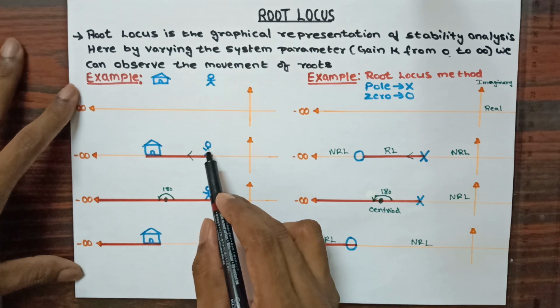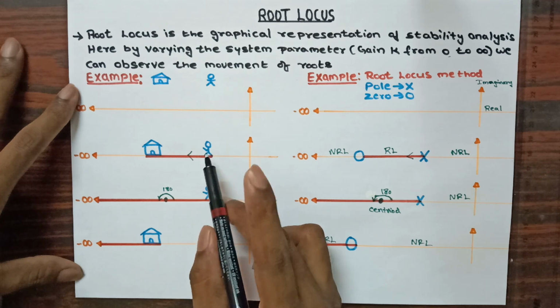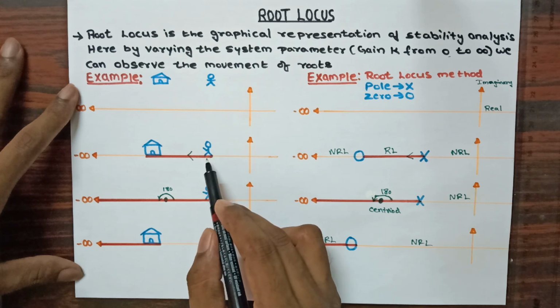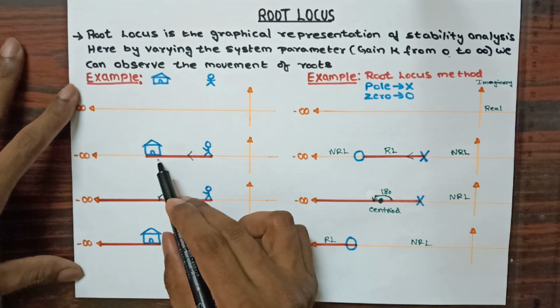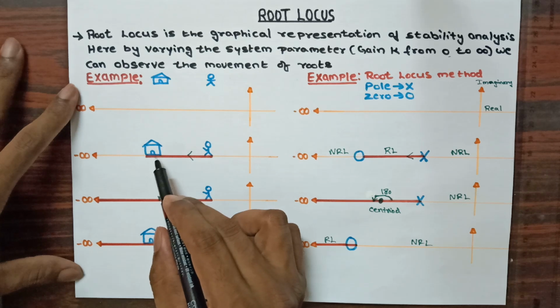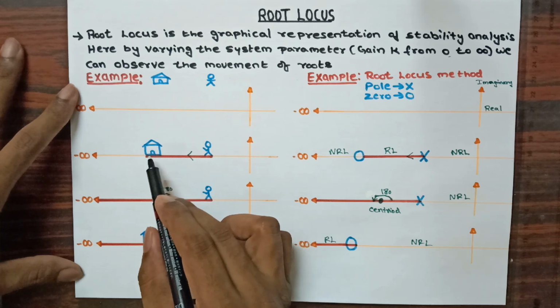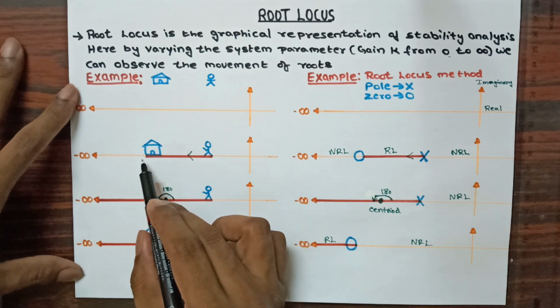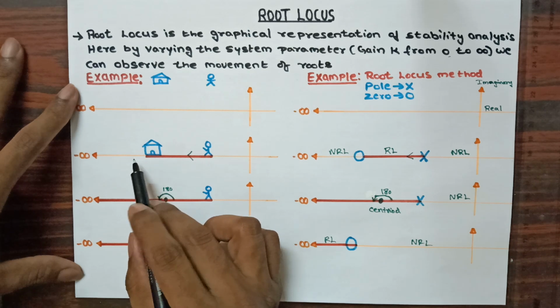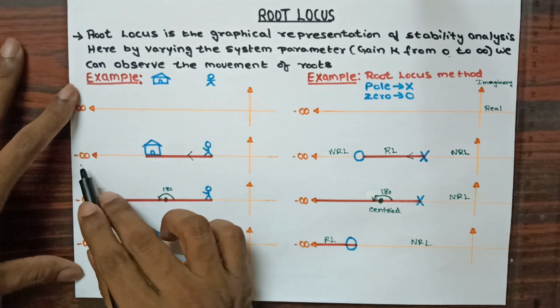At this point, I have considered the person and the count is 1, and 1 is odd. Therefore, I am providing a path from this point to the next count. You can see here the next count is 2, that is an even count. Therefore, for an even count, I am not providing any path till infinity.